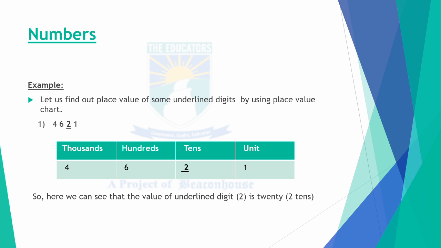Then we have 2, we would put it in the tens place. Then we have 6, we would put it in the 100 place. Then we have 4, we would put this in the 1000 place. Now since we have to find out the value of 2, which is the underlined digit, we can see from the place value chart that 2 is coming in the tens column, so here the value of 2 is 20.